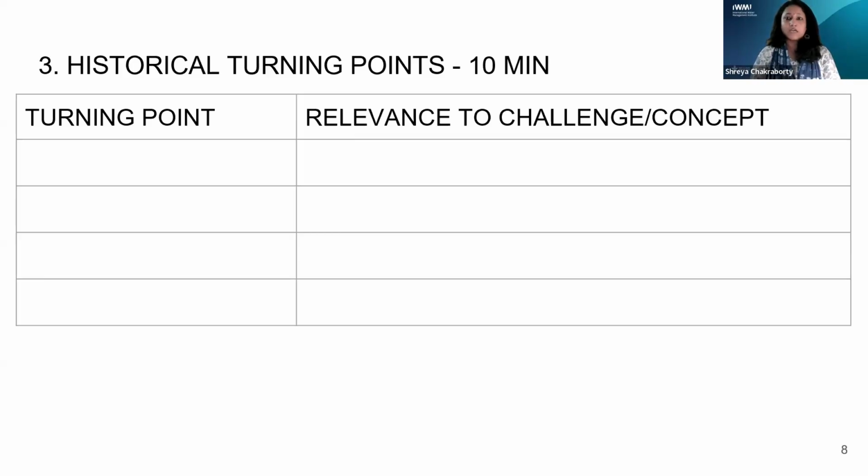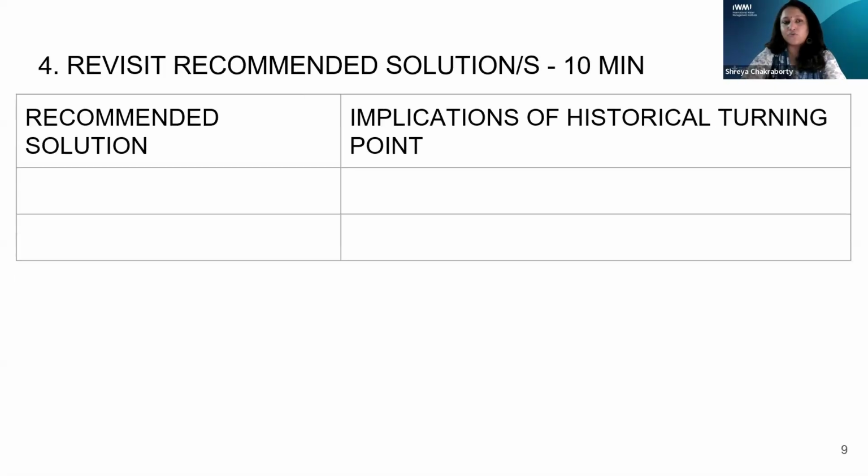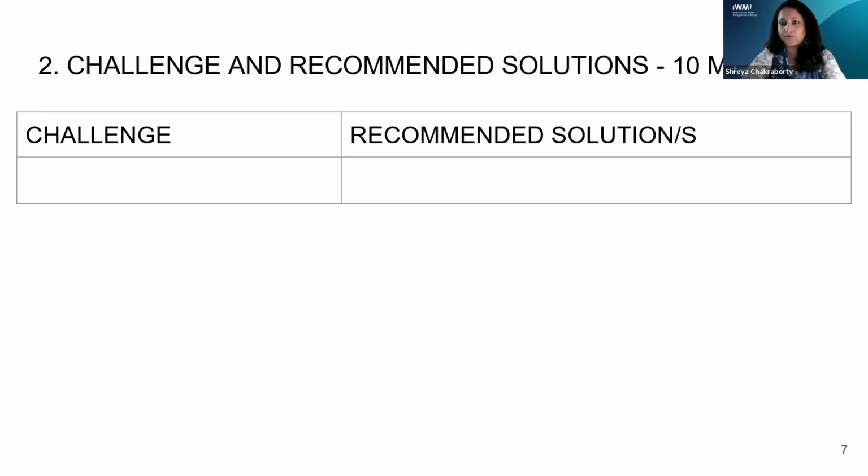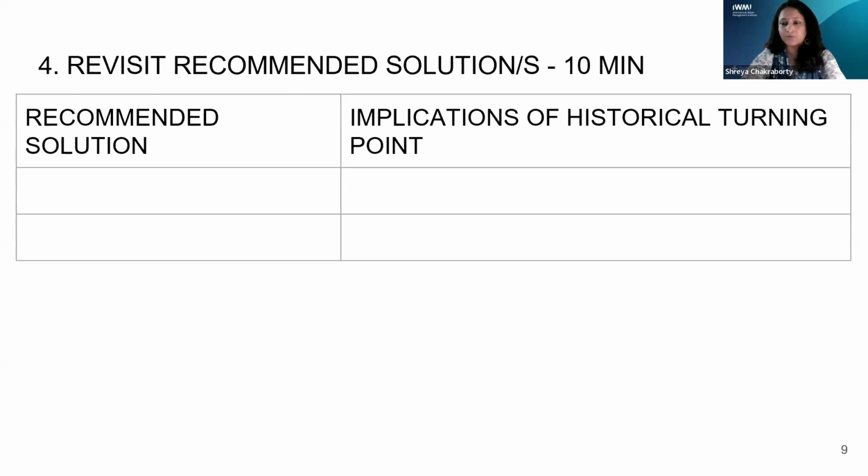It could be, for instance, in South Asia, we had moments of economic restructuring, opening up, trade shifts, etc., that may have affected. So identify some key turning points for that region. And then in the fourth, you will revisit the solutions that you recommended in slide 2. We'll revisit them and see whether the same solutions you want to continue recommending.